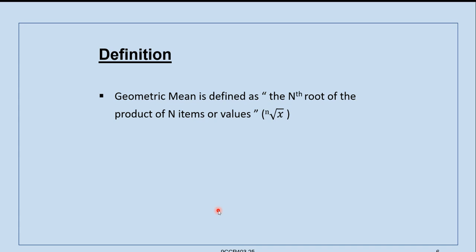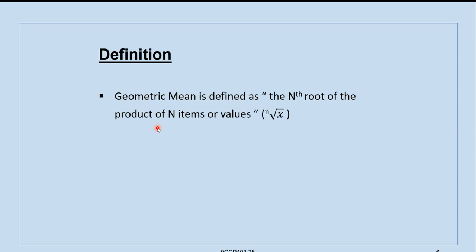Nth root means the nth root of x, where this n will come at the point where I pointed out. That is called the nth root of the product of n items. Product means when the numbers given are multiplied.